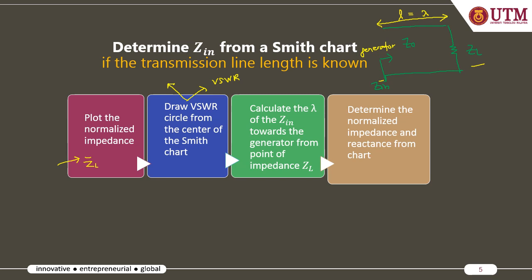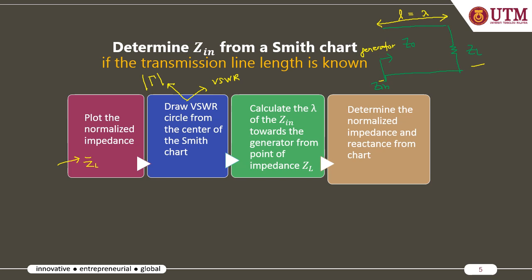Then from the radius, you can also determine the magnitude of your reflection coefficient, and we can get the reflection coefficient as well. And in order to get the Zin, you need to consider the L, the transmission line length, and also you need to get the new wavelength of the input impedance.